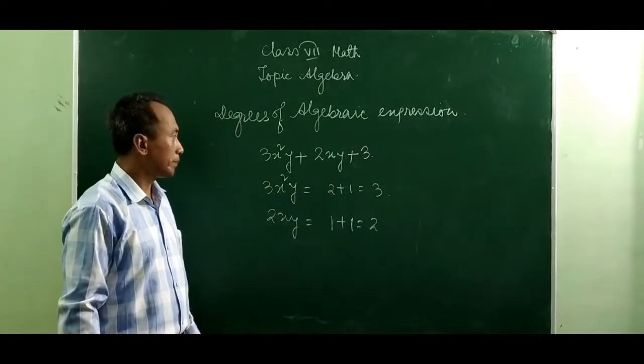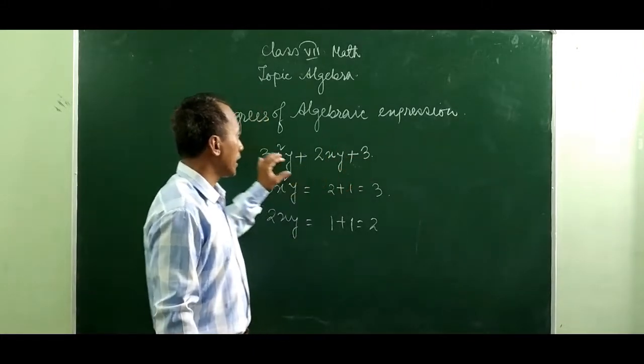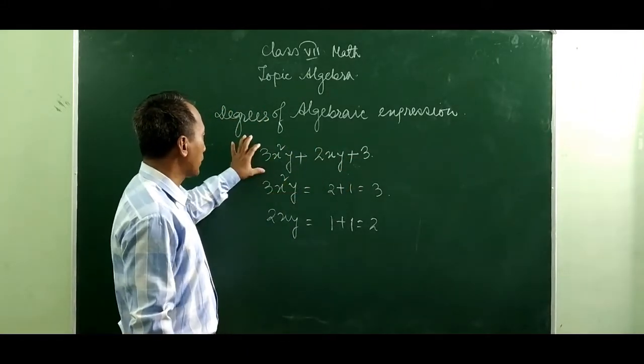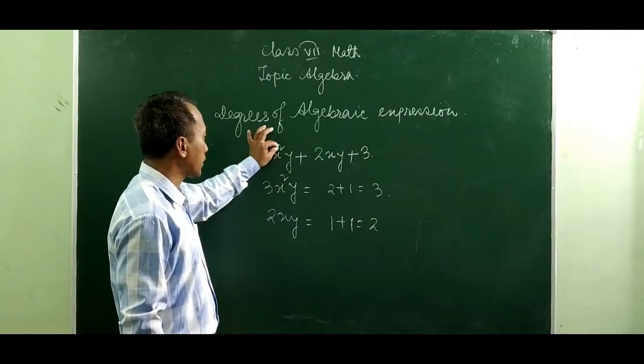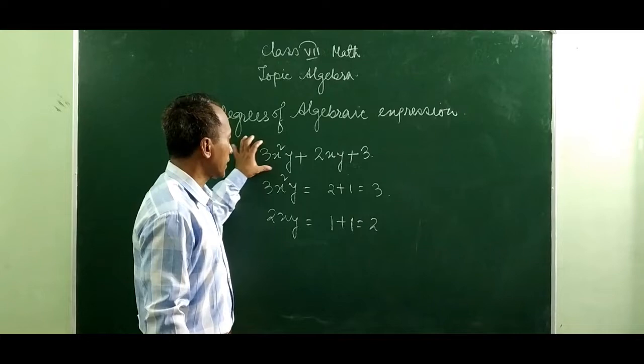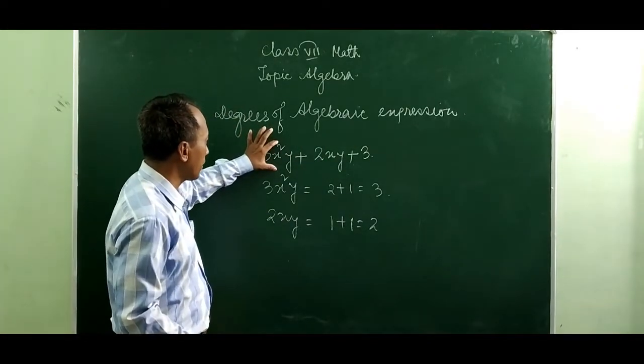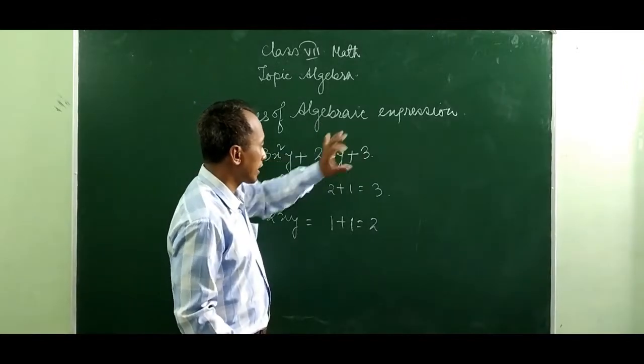I repeat again. Suppose an algebraic expression is given. It may be a polynomial. I have given you an example here, 3x square y plus 2xy plus 3. This is an algebraic expression. And in this algebraic expression, here is a term, here is another term, and here is another term.